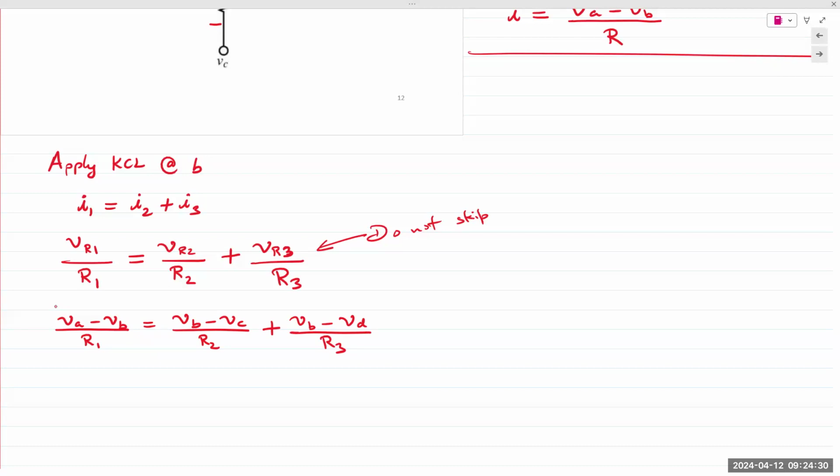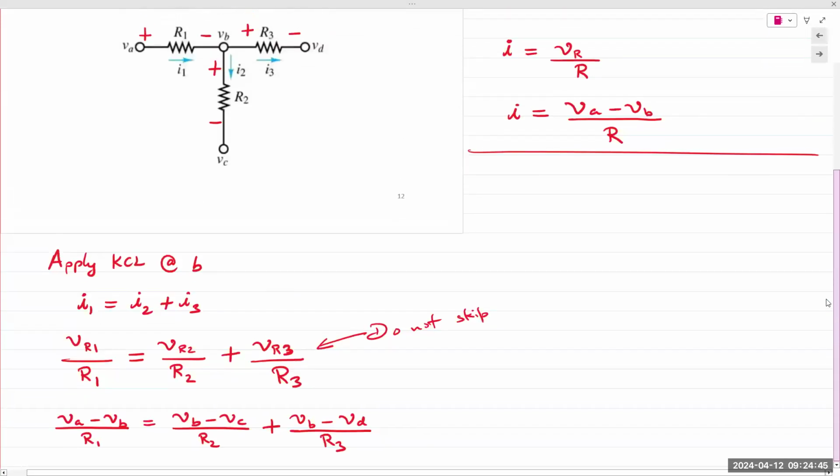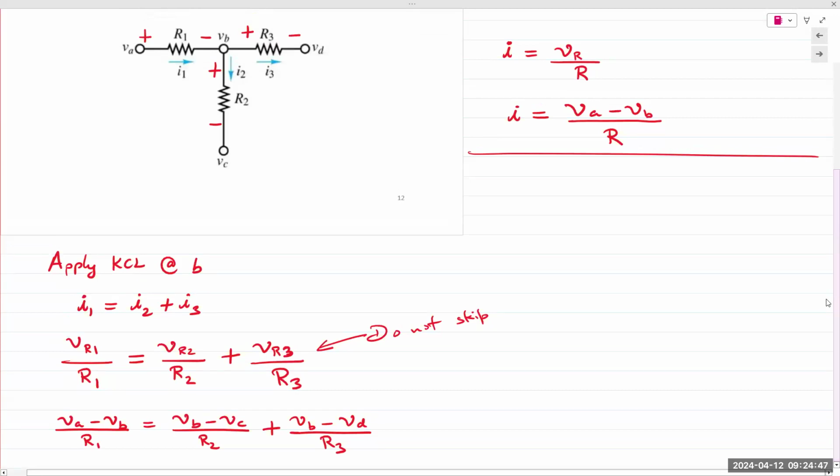Okay. Let's take a 10-second pause. You think on that. Let me know if you have any questions. Let's bring up the circuit diagram. There you go. Any questions?